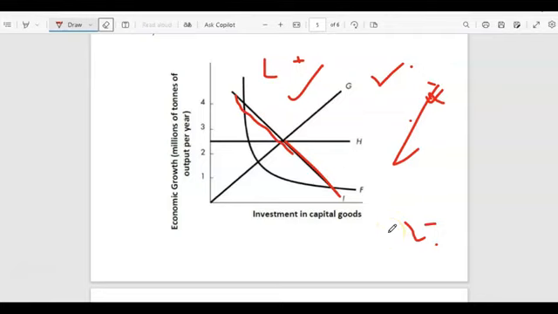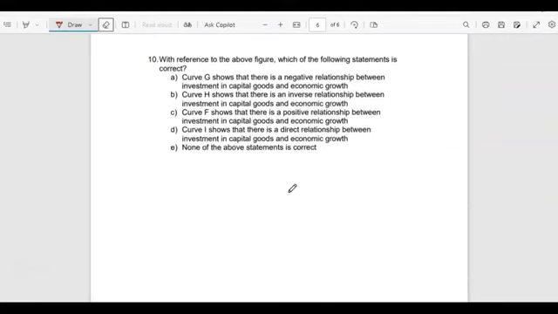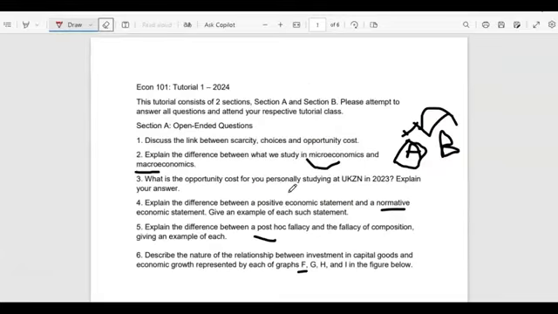If it was H, it would be no relationship. But any letter besides H would be a relationship, right? So that's correct. Okay, so that's it. This is a very good summary of everything we did in economics so far. Make sure you do it, and yeah, that's it.